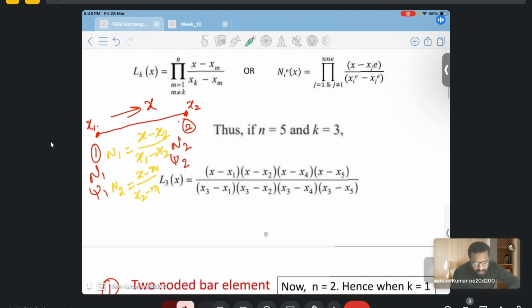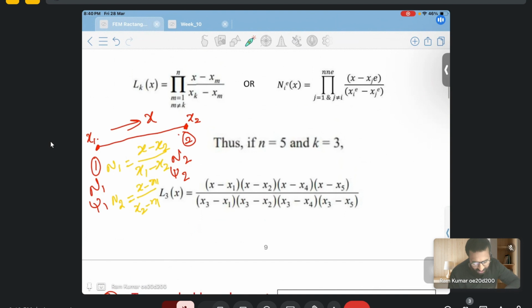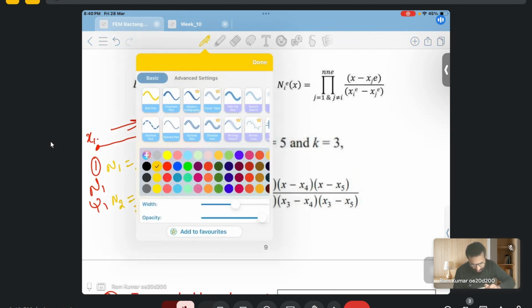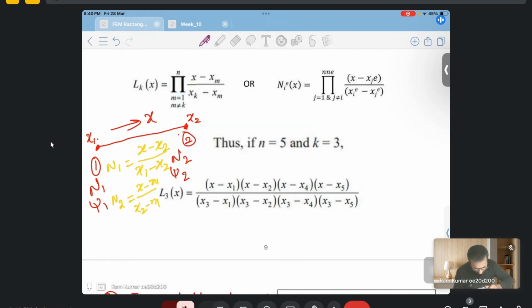For example, say we have 5 nodes. Let me draw that one element. So node 1, node 2, node 3, node 4, node 5. Total 5 nodes.